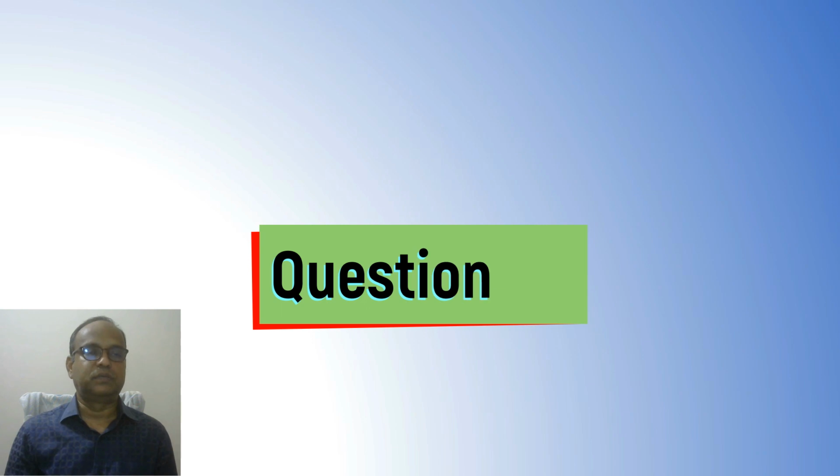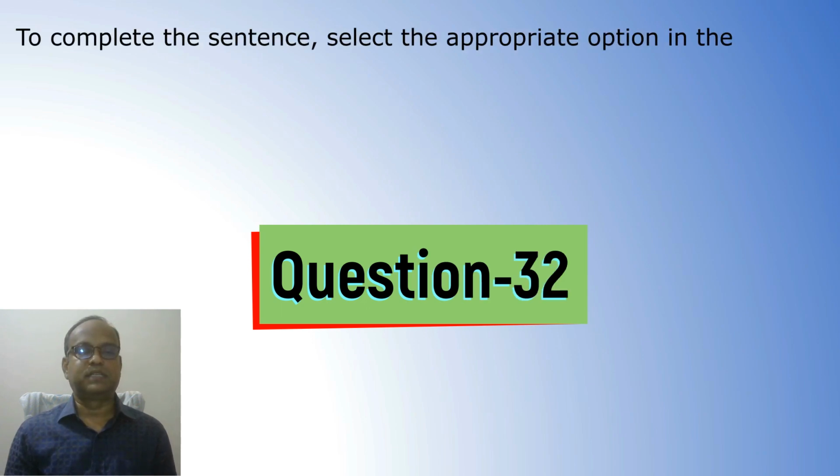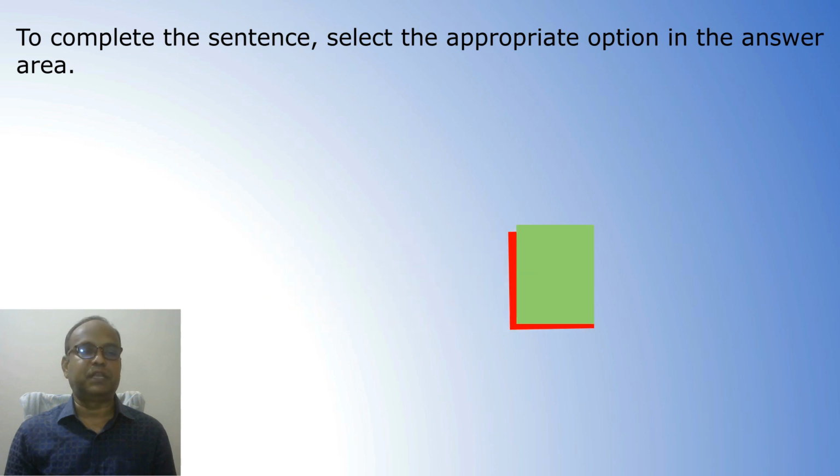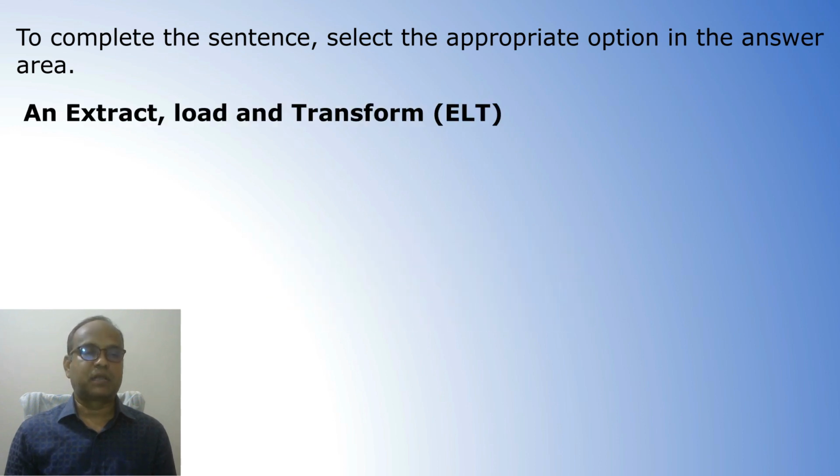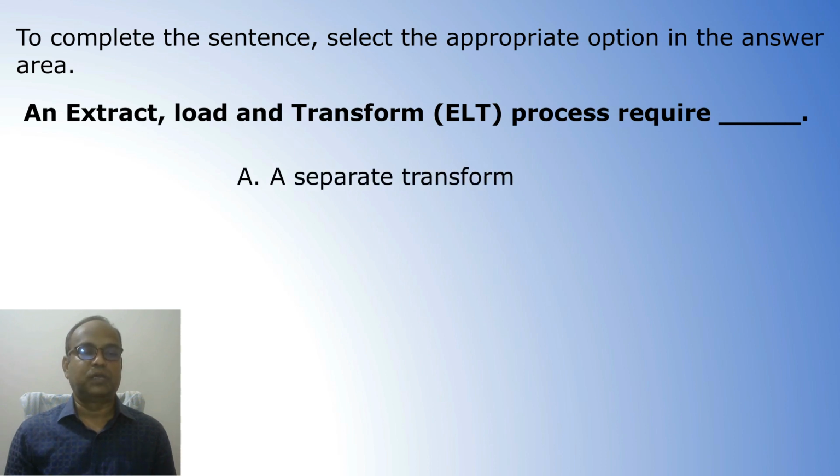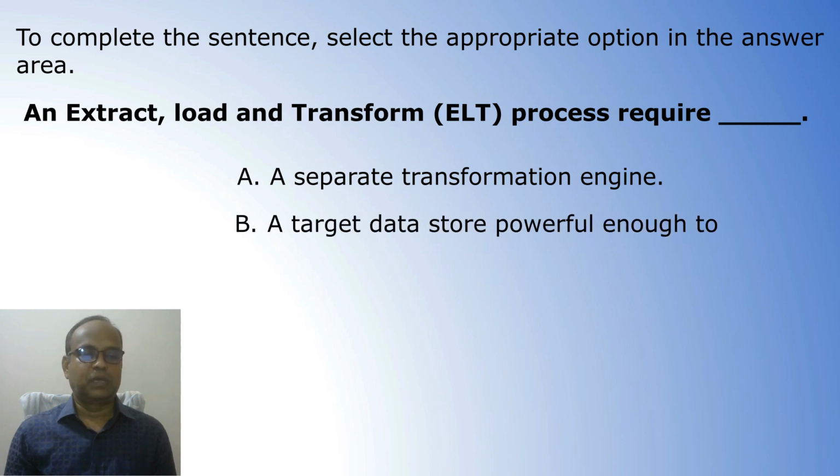Next, question number 32. To complete the sentence, select the appropriate option in the answer area. An extract, load, and transform (ELT) process requires dash. Option A, a separate transformation engine. Option B, a target data store powerful enough to transform data.